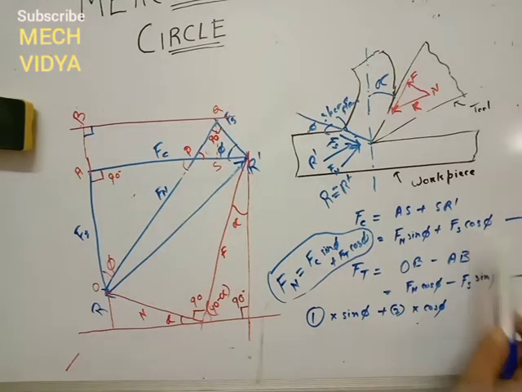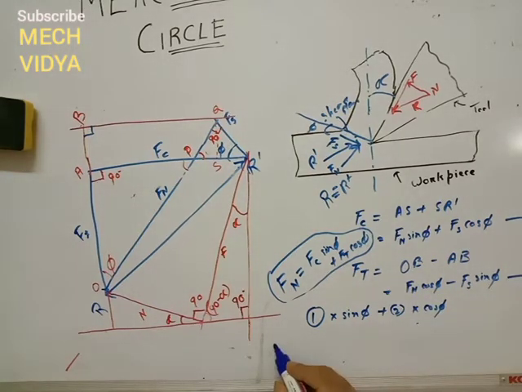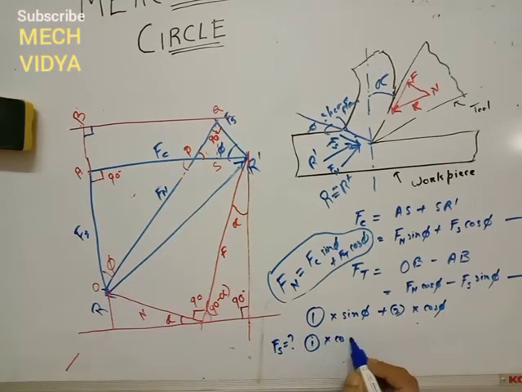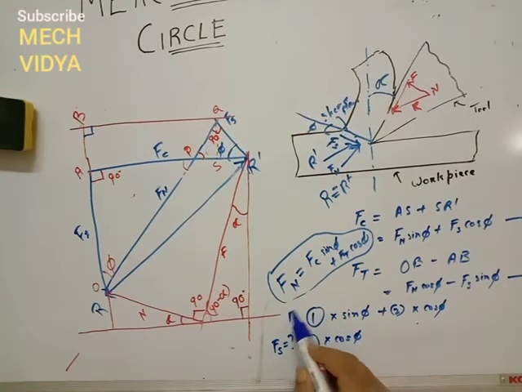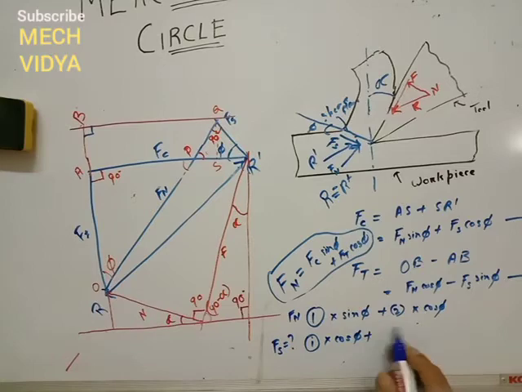So to find out Fs, I have to multiply equation 1 with cos phi. Earlier we multiplied with sine phi to determine Fn, but to determine Fs we have to do just the opposite.